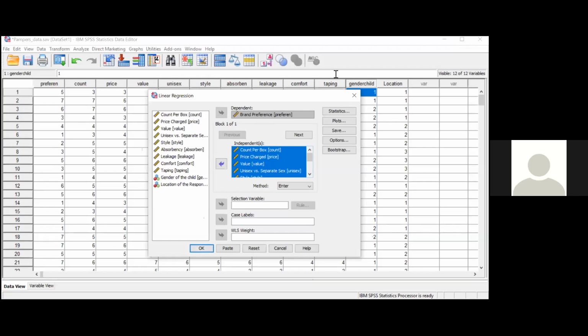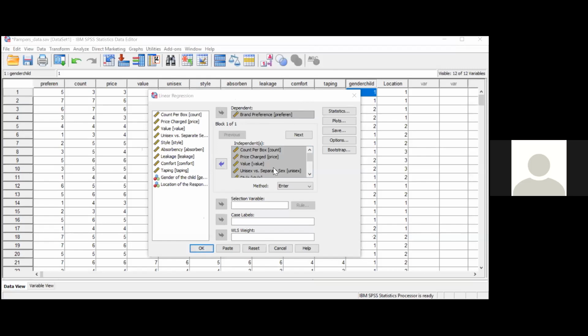As I mentioned, in most practical scenarios our predictors or independent variables are more than one, so a single dialog box is given for the regression analysis.